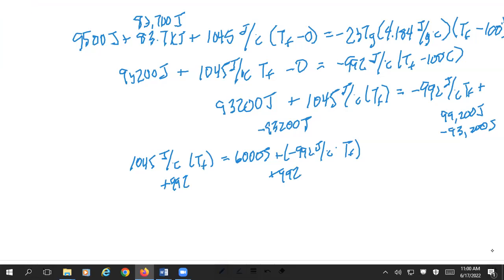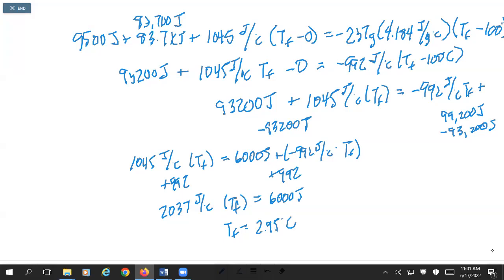So 1,045 plus 992, 2,037 joules per degree Celsius times TF is equal to 6,000 joules. I do the division. TF is equal to 6,000 divided by 2,037. I get, to three significant figures, 2.95 degrees Celsius.